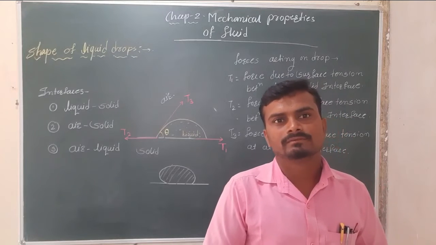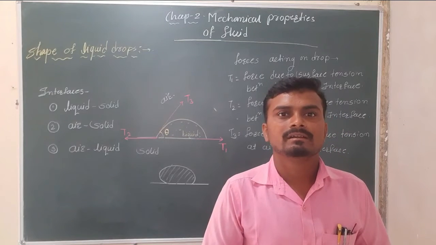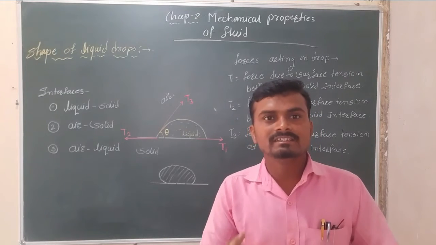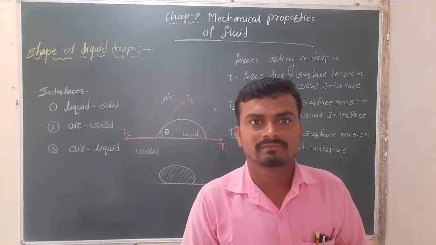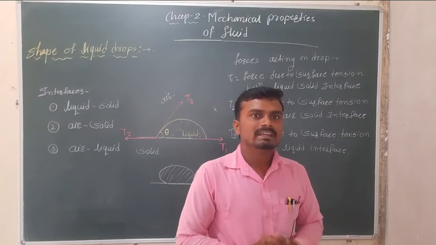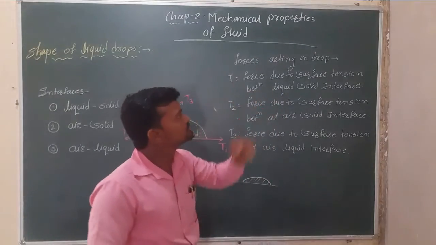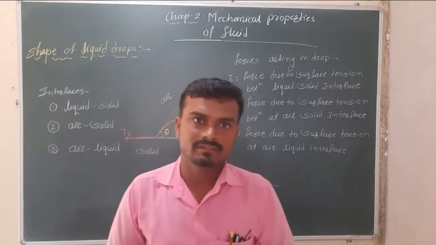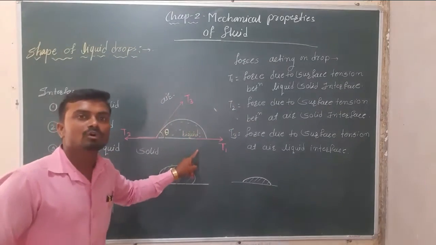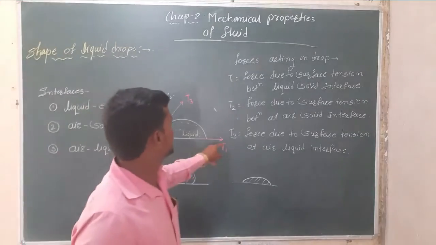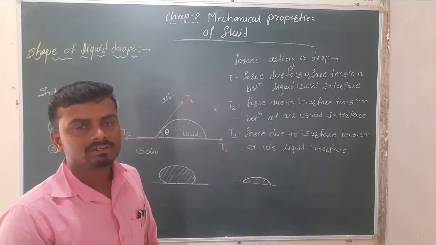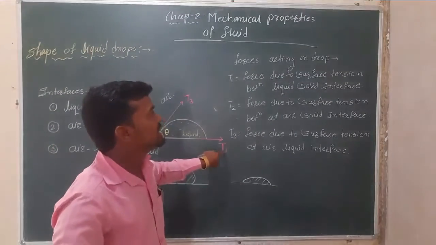In case of a liquid drop, along each interface there is one force due to the surface tension. Let us consider T1 is the force due to the surface tension between the liquid and solid interface. That force is tangential to the interface, represented by T1.